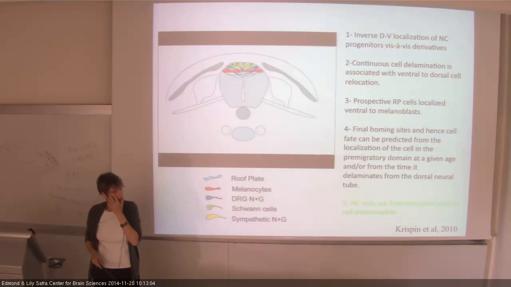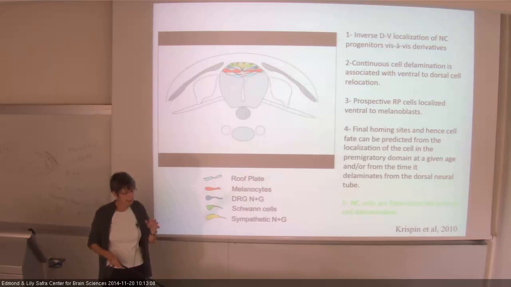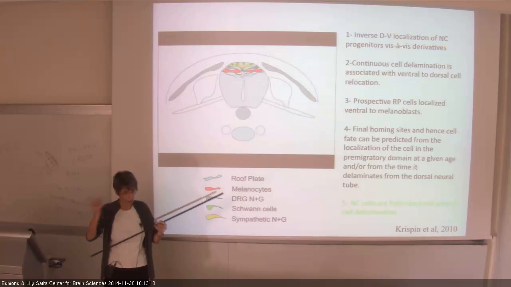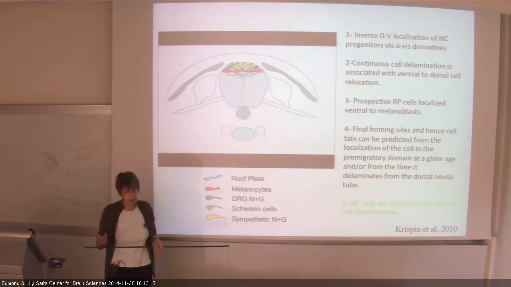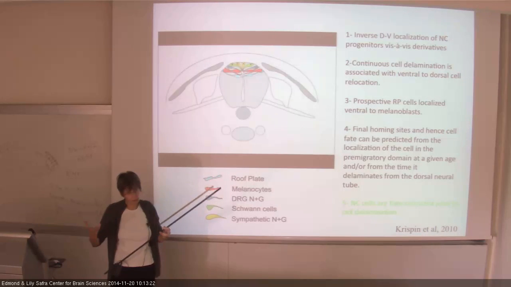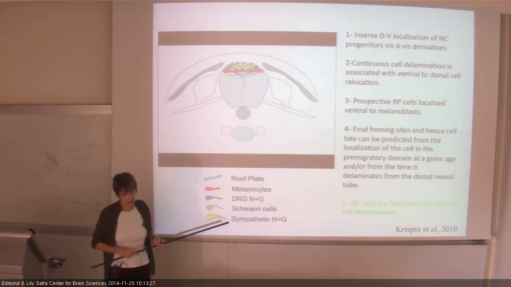Basically, we were busy for more than 10 years in understanding the molecular network underlying emigration of cells, EMT, which appears to be very similar to cancer. A very similar network of molecules in the embryonic neural crest is responsible for generating movement of these cells. And after that, we became interested in understanding the dynamics of emigration, which types of cells emigrate when, and are they really multipotent or not.